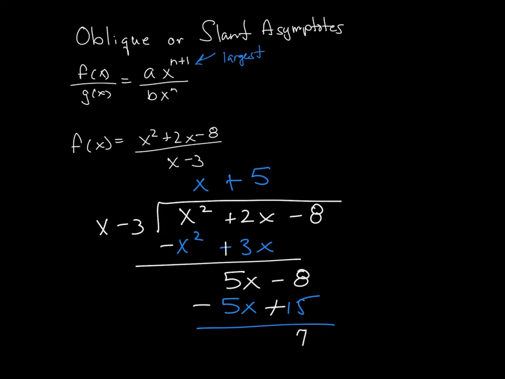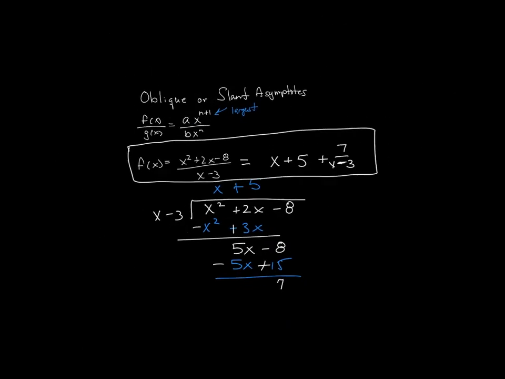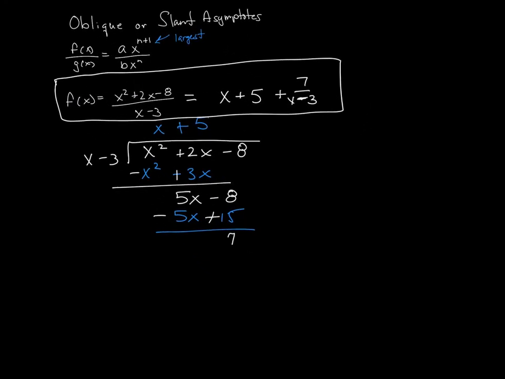So now I can take my function and rewrite this. This function is the same thing as saying x plus 5 plus 7 over that divisor, x minus 3. So those two are equal. That's still my function. So I have my slant asymptote.